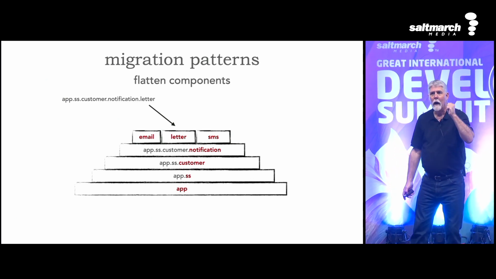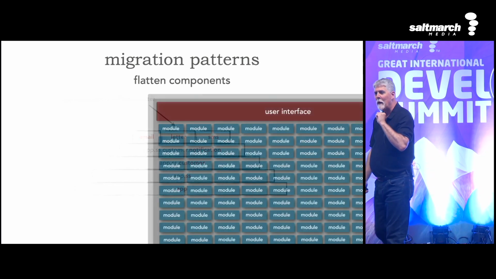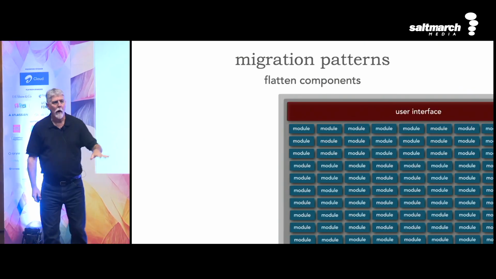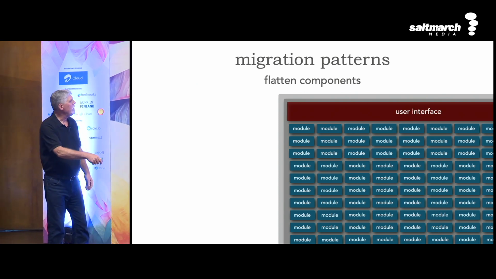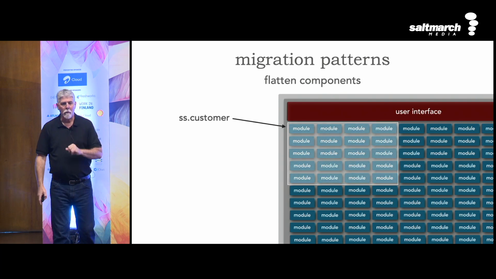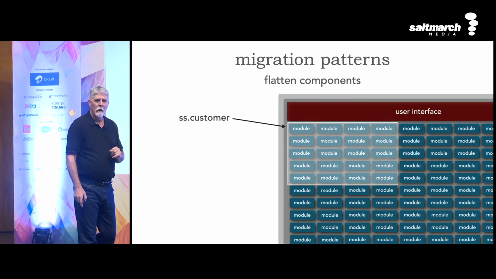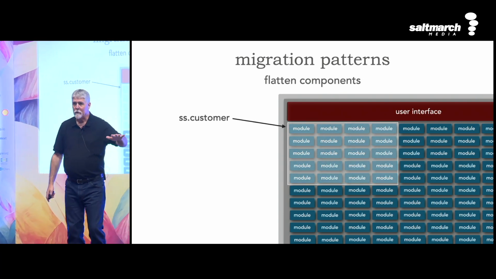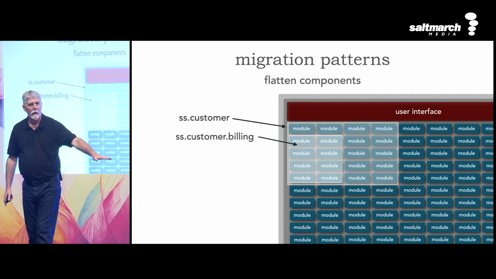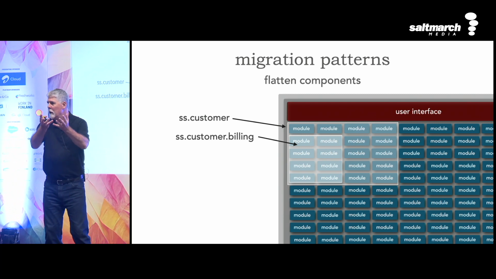Because right here, I don't see any components. And let me show you what I mean. So here's the area of code right here that represents all of our system. That part right there is customer. So that's our namespace, SS customer. But sitting on top of it happens to be billing. Notice how the hill is starting to form.